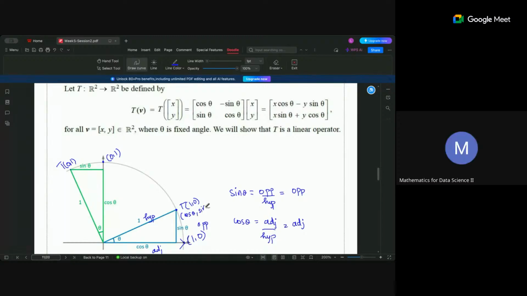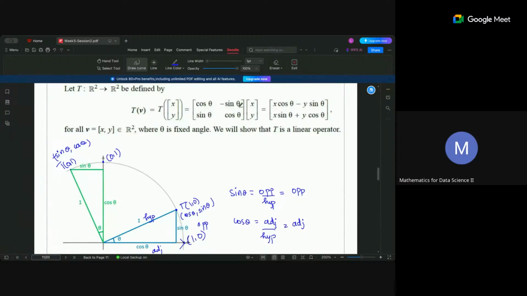Same way, what about this one here? Minus sine theta and plus cos theta. If you look at the details, you will understand why it is minus sine theta. These are the coordinates. Now we have seen what is T of (1, 0) and T of (0, 1).